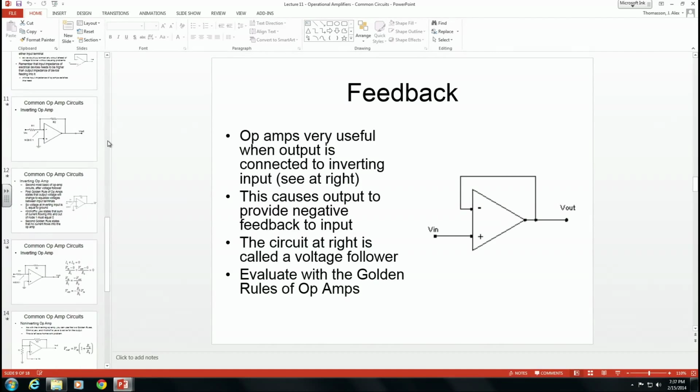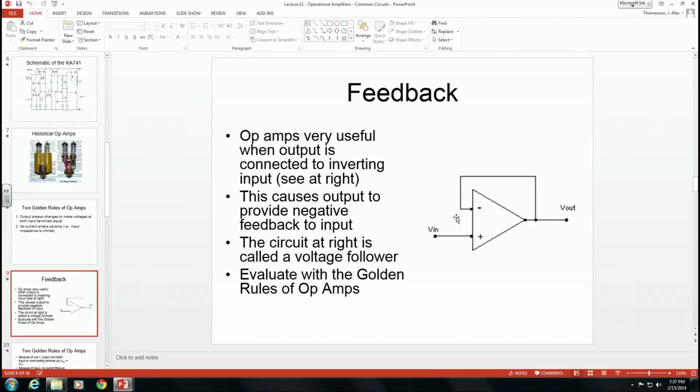Why would you use a voltage follower, by the way? Why would you just not go directly with this voltage as the output voltage? Because essentially you get output is equivalent to the input. Anybody know? I'm sure I can't hear you, so I'm going to tell you. The reason that you use this is because of the impedance characteristics of the op-amp.